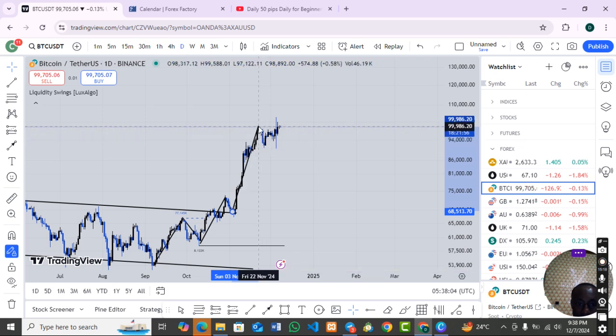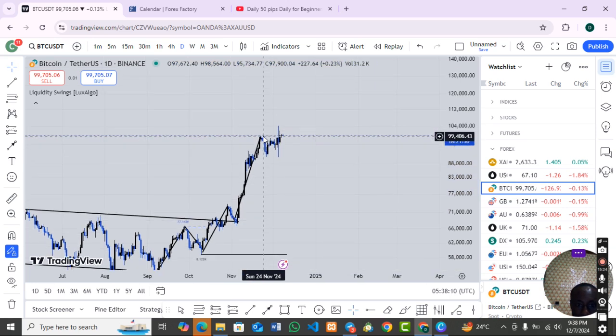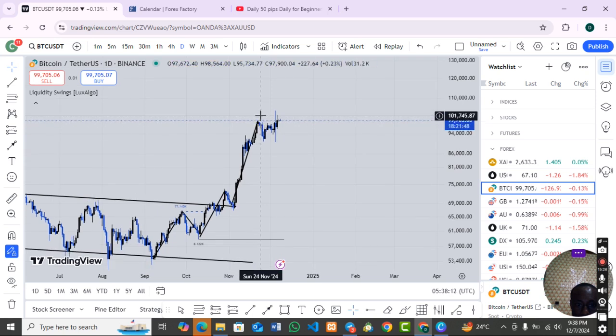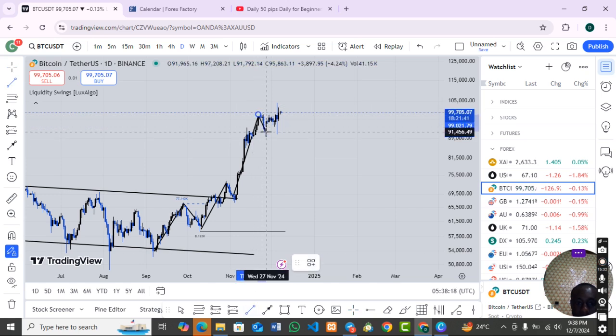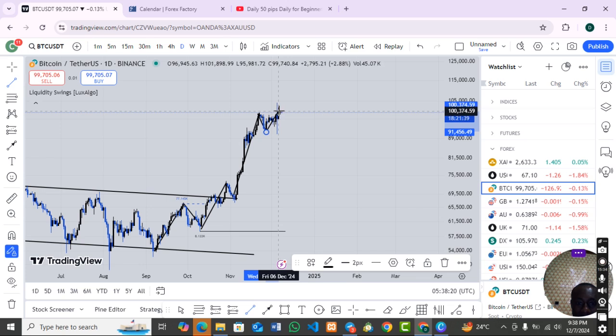Once again we had a higher low, then the last higher high over here.